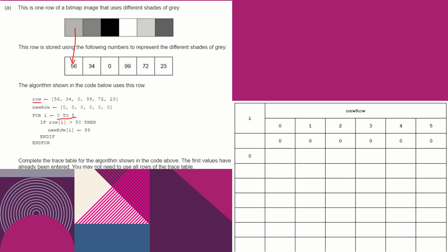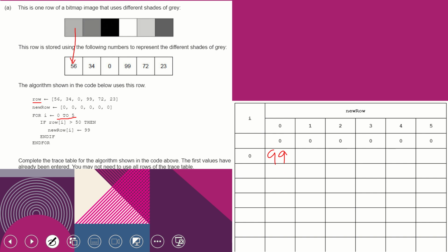Okay, here, what is the value of row 0 at the beginning? It's 56. Is it greater than 50? Yes, it is, right? Then what we are going to do, new row I, so that first one I is going to become 99, like this. Okay, and then we are going back again.